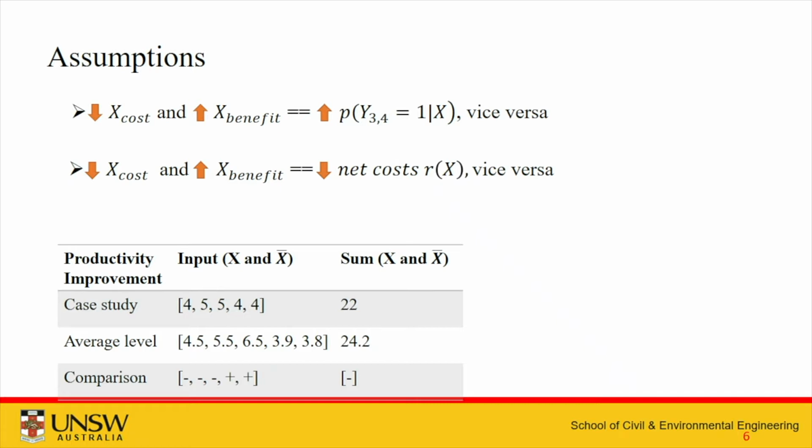When we are scaling the data, it should follow a normal distribution. And I'm just assuming that this is just an example. It's not a real case. So the average level for the productivity improvement could be like this, and we are comparing the case study and our average value, and then we got the symbols in the last row.